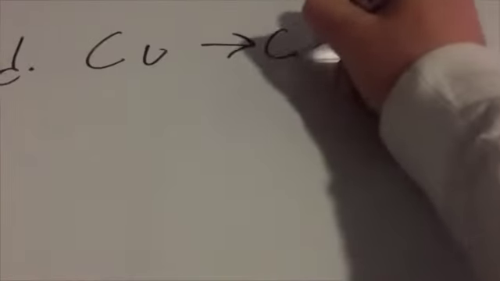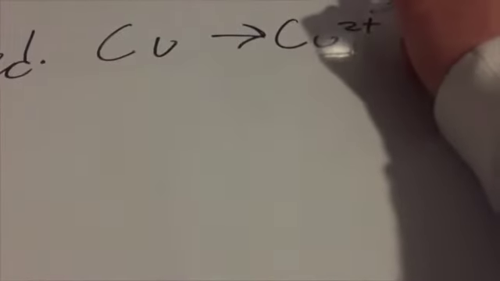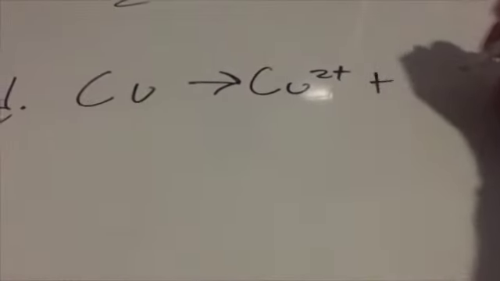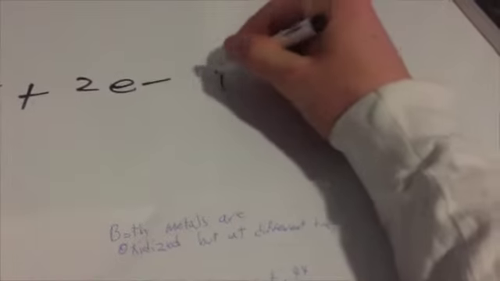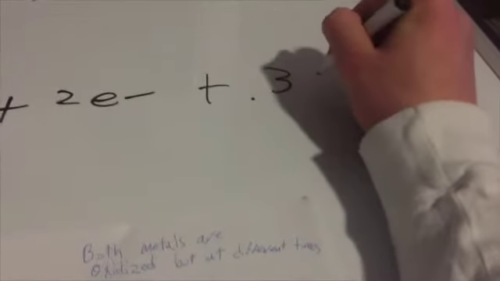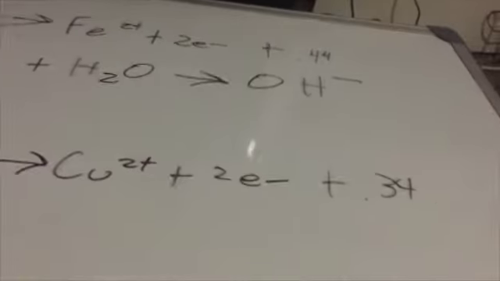So we're going to write down Cu arrow Cu2+ plus 2 electrons. Now we're going to add the voltage, which is now plus 0.34.